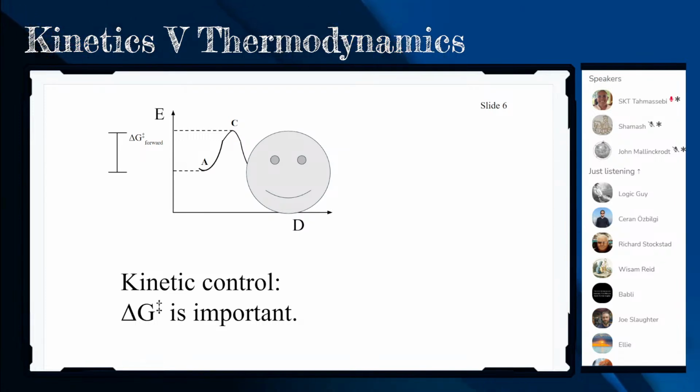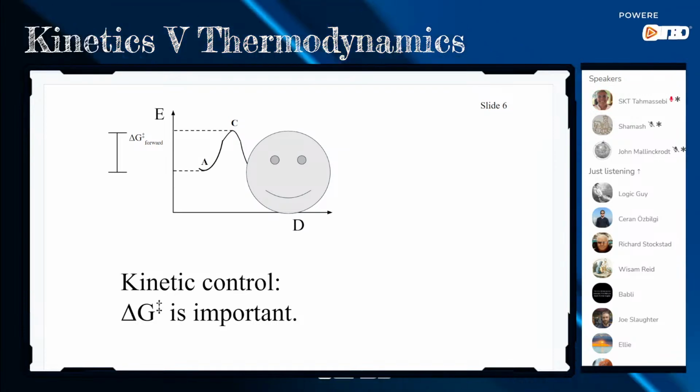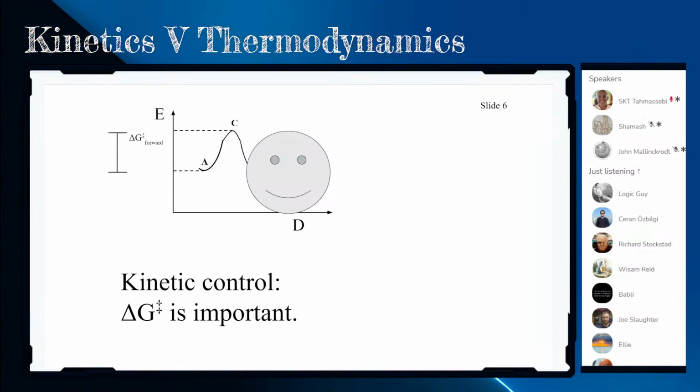Enthalpy we know, right? It's bond breaking, bond making, the bond energies, and all that. That is conceptually pretty simple to understand. What is not easy to understand is the entropy of the transition state. So in the next 2 slides, I'm going to talk a little bit about the entropy of the transition state and the reaction.